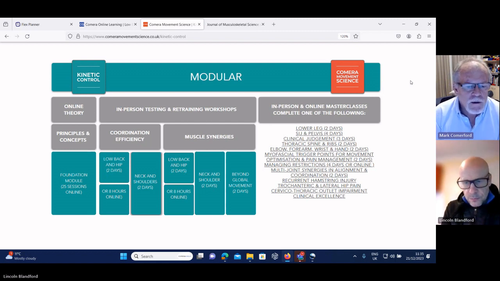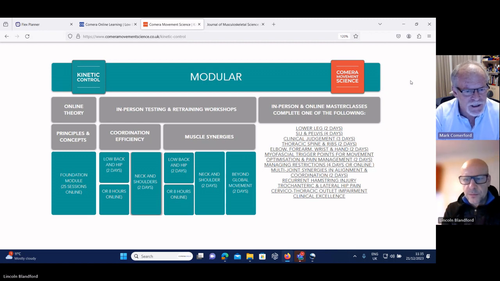And then from that, the basic components are the building blocks for the coordination efficiency component. So where we go in trying to make a movement control diagnosis to some extent, where we look for the lost movement choices associated with pain and also movement control risk and performance risk for the future, and even some recurrence management.